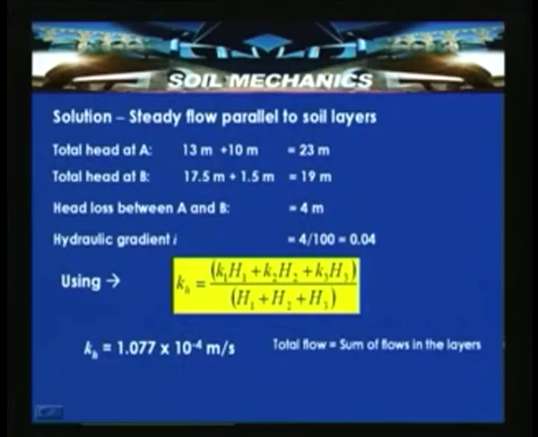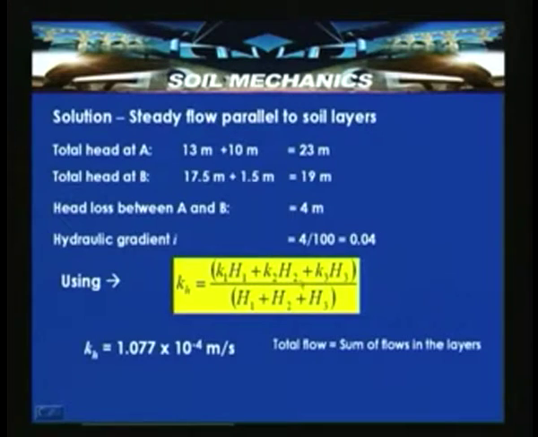By simplification, the total flow is equal to the sum of the flows in the layers. The total flow can be obtained by again conforming to Darcy's law, Q is equal to KIA. You know K1, you know I, and you know A1. With that you will be able to calculate the sum of the flow in all the layers, which is occurring in the 3 layers.